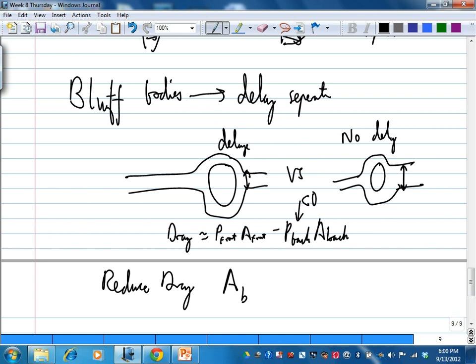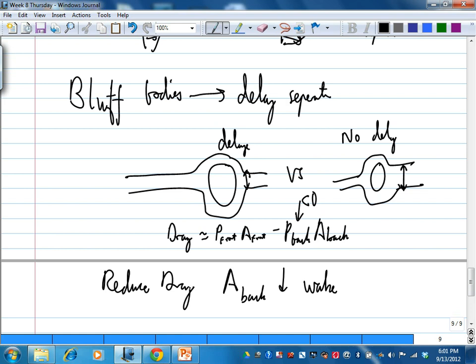It is not necessarily the whole area at the back, but the A of the wake. The area of the back is always the area of the back. You cannot change that. But where the pressure is most negative is this region. In this region, the pressure is very negative. So you want to decrease that region.